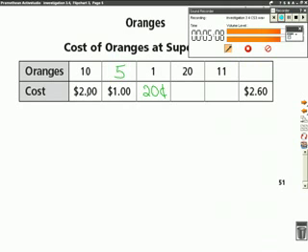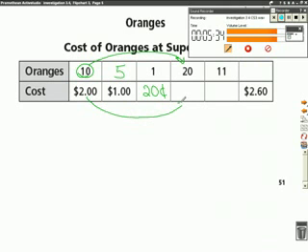And here's our original problem of 10 for $2. So if I want 20 oranges, how much will it cost me? How do I figure that out? Okay, there are several ways that you can do this. If you remember from doing the rate table earlier in the unit, where we were doing it for feeding the chimps, I could take the 10 oranges and ask myself, how do I get 20? That's times 2.